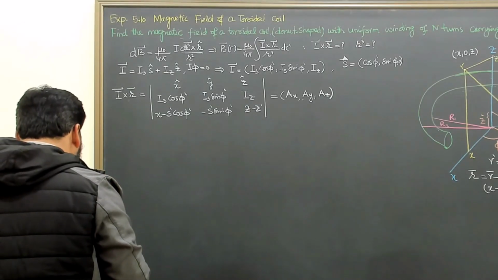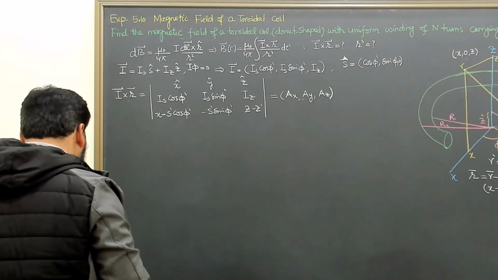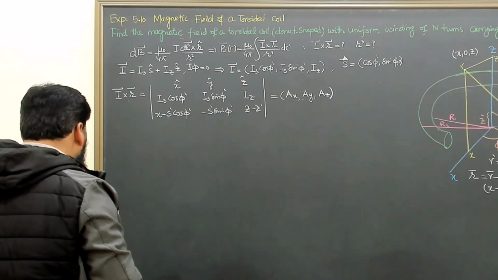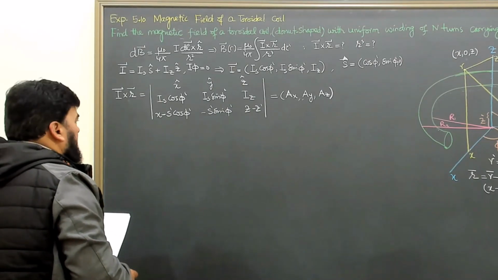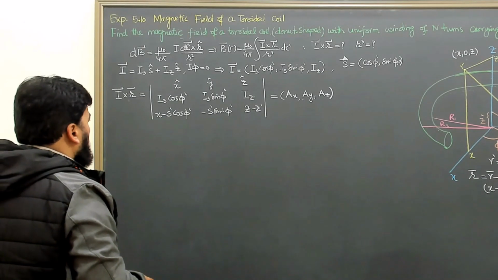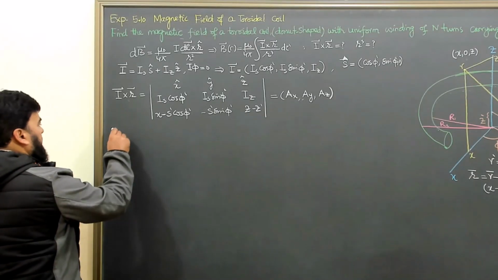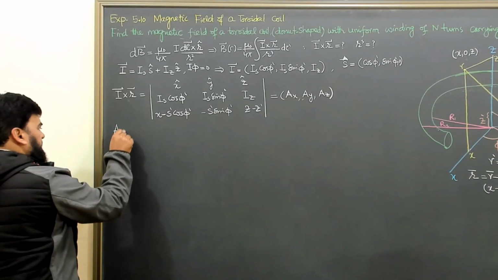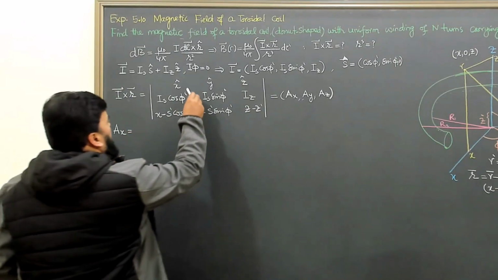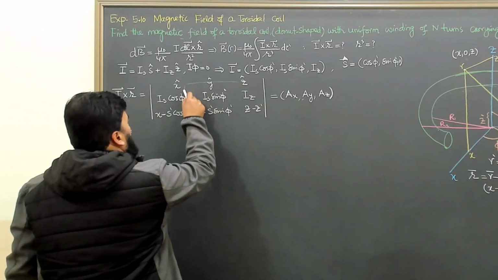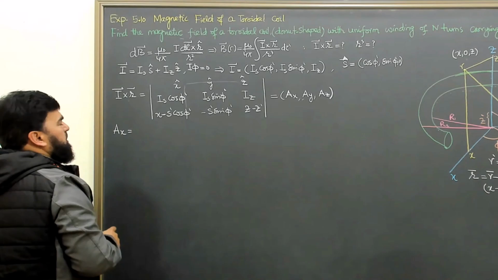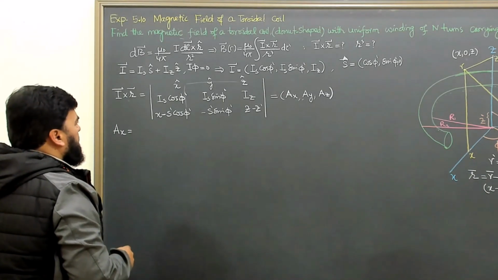And what about this one? The AX component I find from here. Now we know that in order to find the x component, we will have to eliminate the row and the column here.